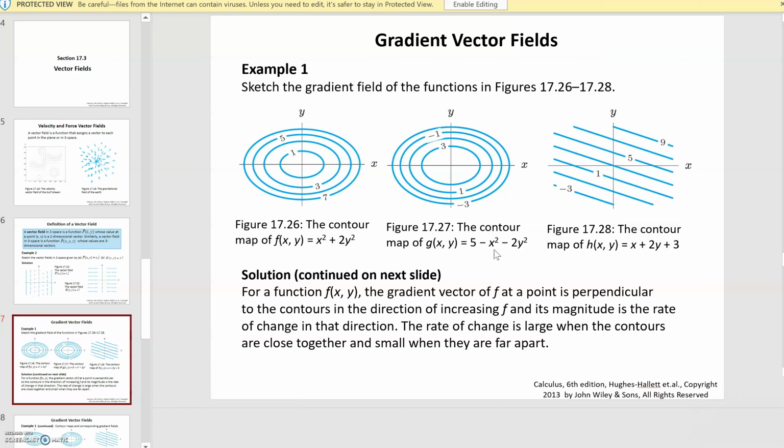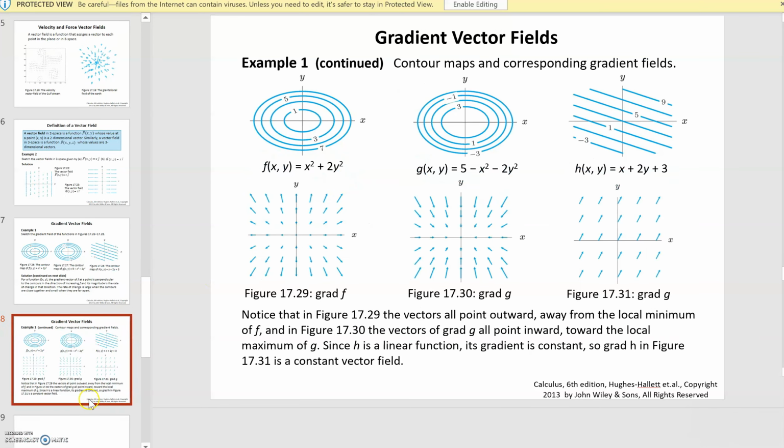So figure 17.27 is going to converge in on the center, or 0, of the plane. And then if we look here at figure 17.28, notice how it's going from -3 to 1 to 5 to 9. So all of these should be uniformly going towards quadrant 1, if you will.